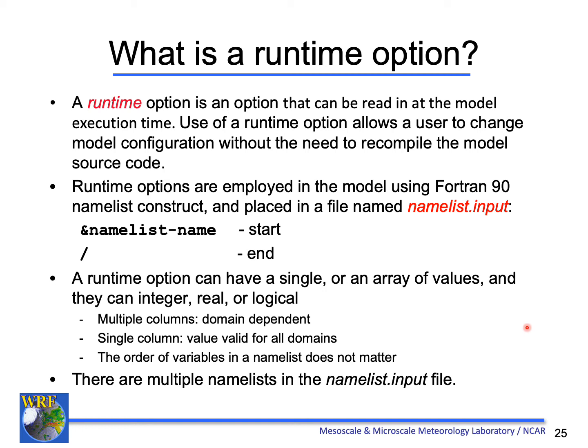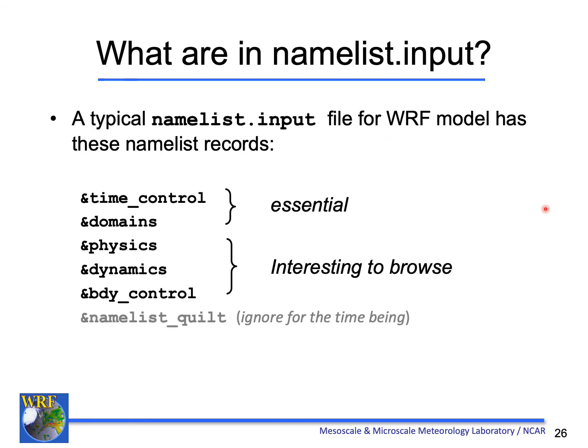So when we are making changes to a namelist file, it is best to follow the existing format. A single value often means it is used by all domains, and multiple values are intended for individual domains. A typical namelist.input file will have these namelist records: time control, domains, physics, dynamics, and the BDY control.